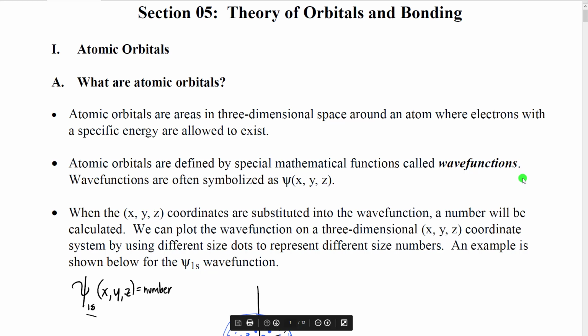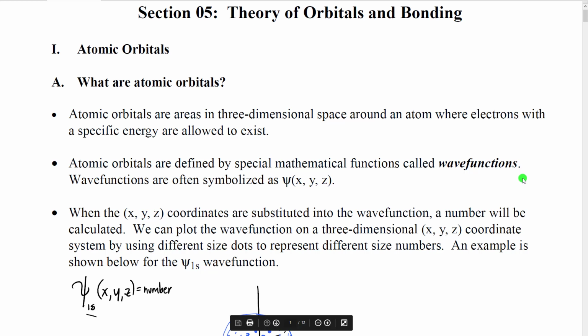So once the people developing the quantum mechanics had these wave functions and they were able to plot them, then they had to decide what this is telling us. So wave functions relate the energy of an electron to its location in space around an atom. There's a 1-to-1 correspondence.